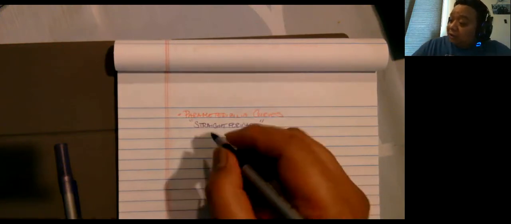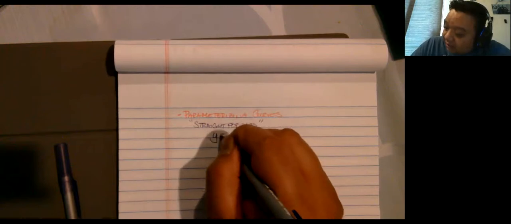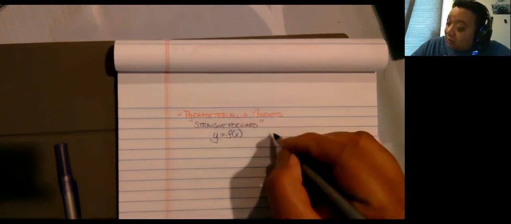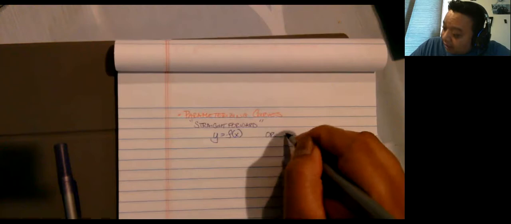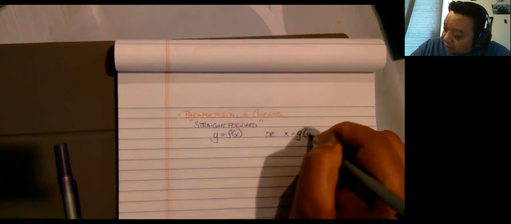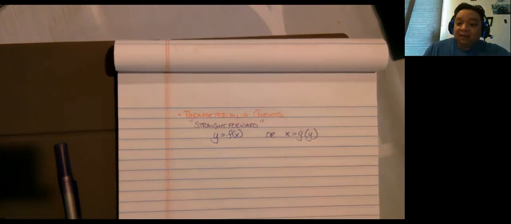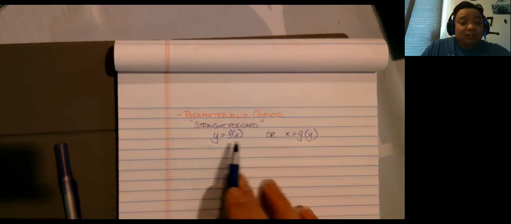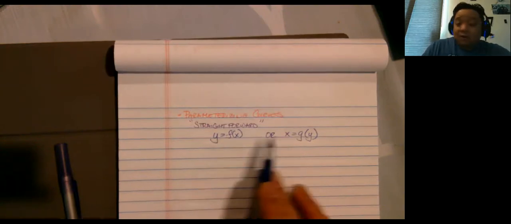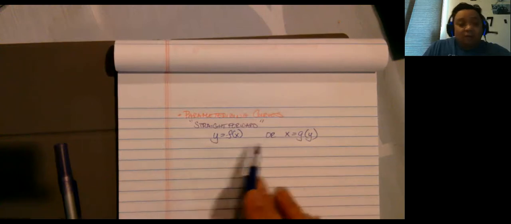So if your equation is y equals f of x, or x is equal to g of y, it depends on which one you can solve for. Can you solve for y or can you solve for x? Either one would work.